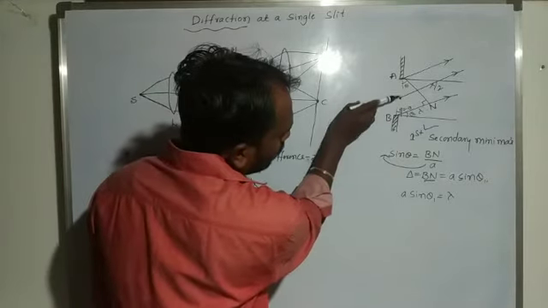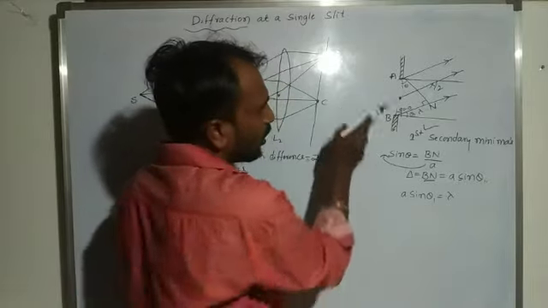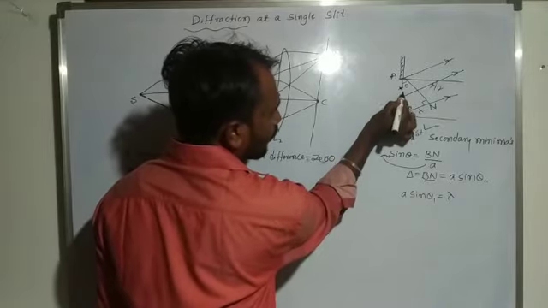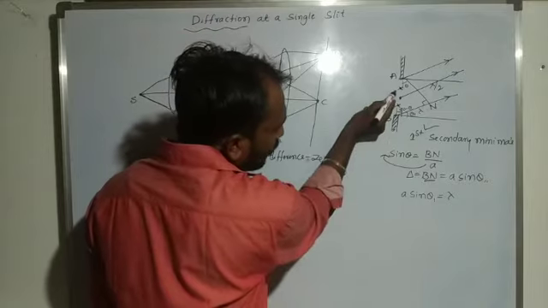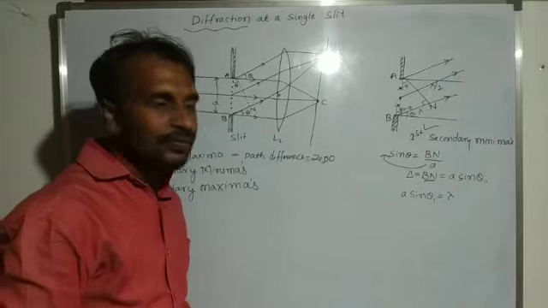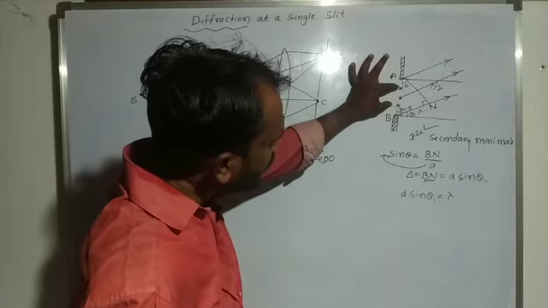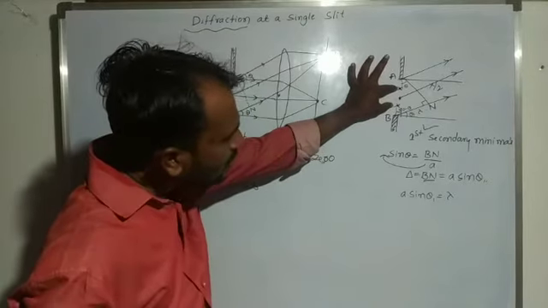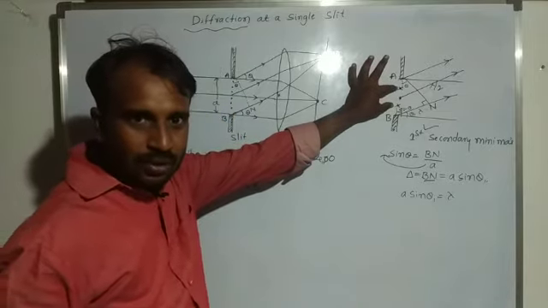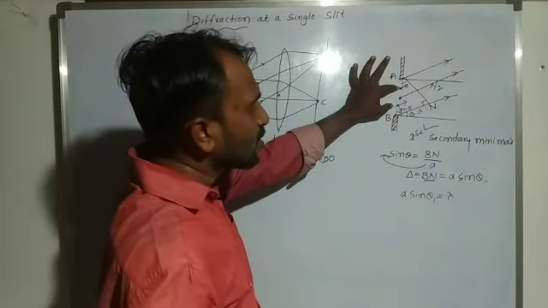These two path differences are lambda by 2 and again lambda by 2, because the total is lambda. Suppose we consider two points in the middle; this distance is also lambda by 2, and this path difference is also lambda by 2.